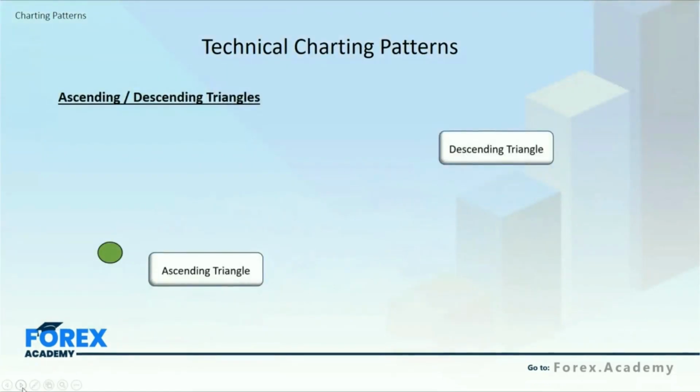In looking for price structures in the markets, very prominent price structures tend to be, particularly in the Forex markets, the technical charting pattern of the ascending and descending triangles. And that's indicative of the volatility that are in the Forex markets.